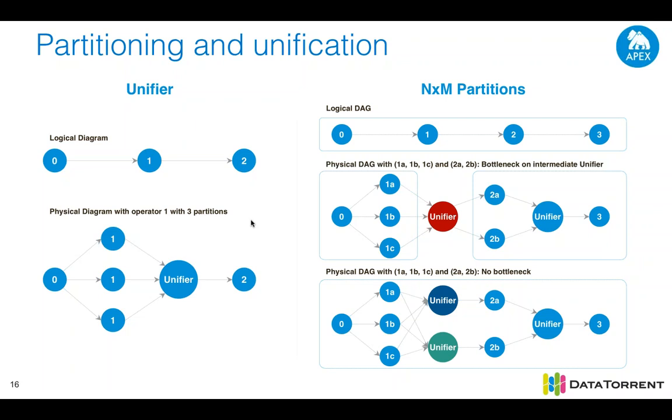And then when you partition, there may be a need to unify. So let's say 1 is performing a mathematical operation like average. Maybe it's getting a whole bunch of keys and it's performing average. Now, when you split into multiple partitions and each partition is receiving a subset, each of them will compute the averages of the subsets, but you need to combine them to get the final average, right?